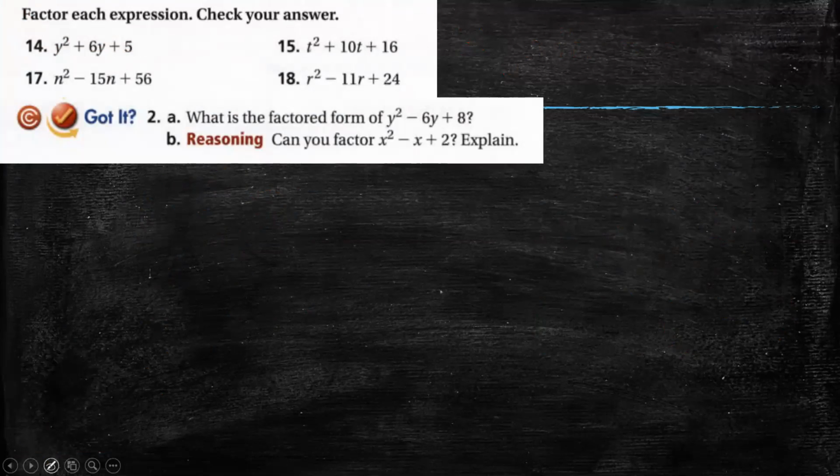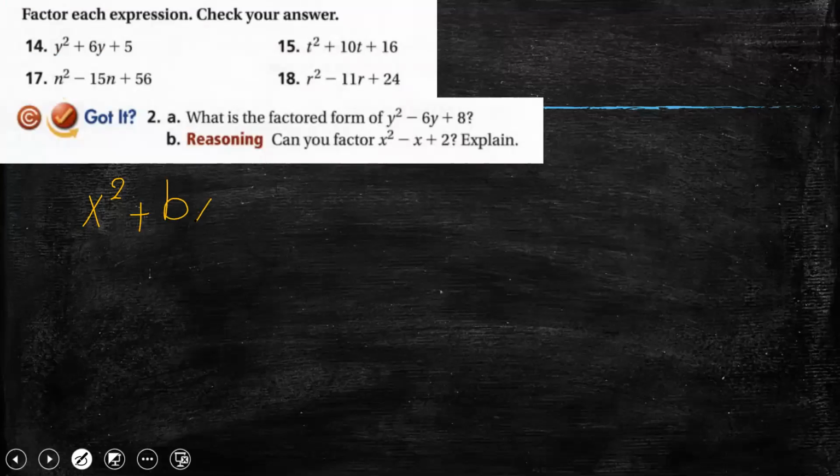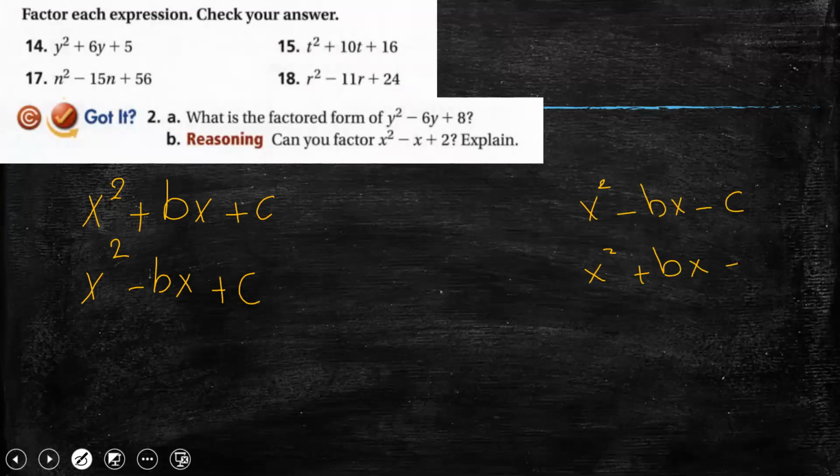Now, yesterday I told you that we have 4 cases of factorizing these factors. It could be x squared plus bx plus c, or x squared minus bx plus c, and x squared minus bx minus c, and x squared plus bx minus c.